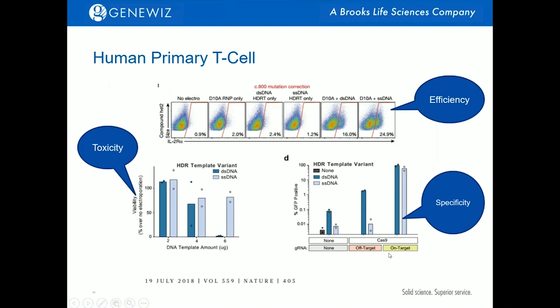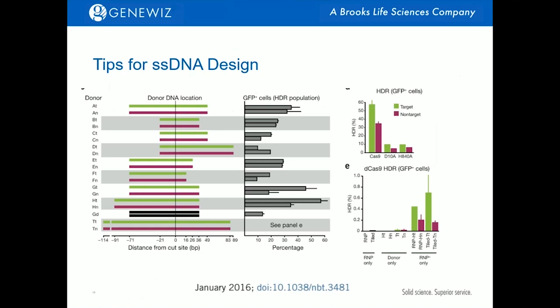To sum up, when the efficiency is satisfactory for either strategy, other factors should also be taken into account during consideration. Okay, I hope you start to think single-strand DNA is a nice tool for your knock-in experiment.